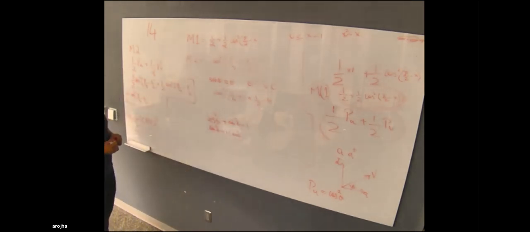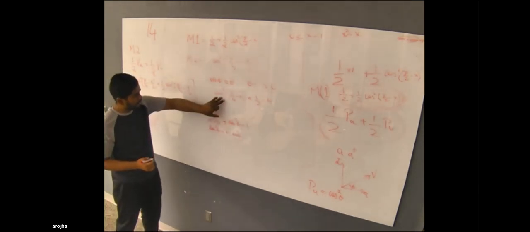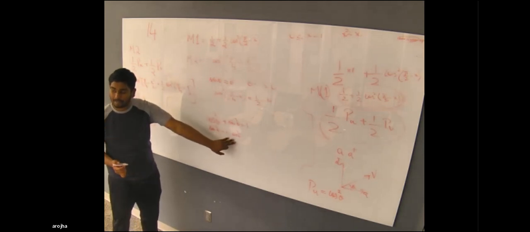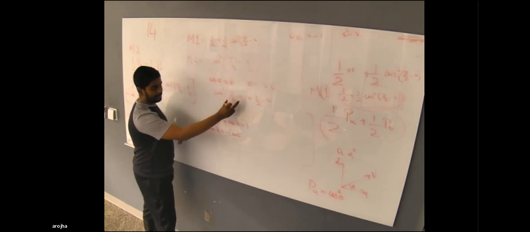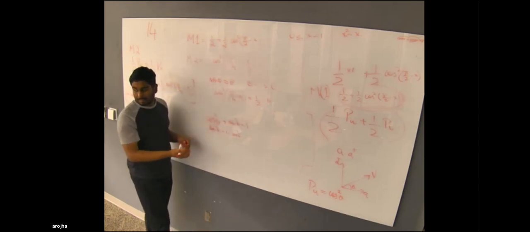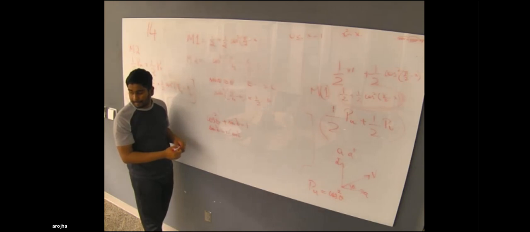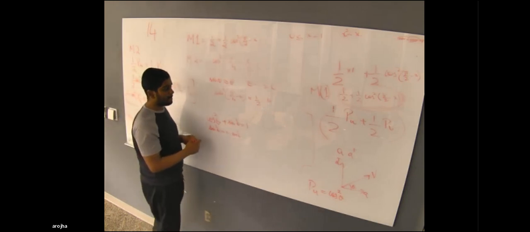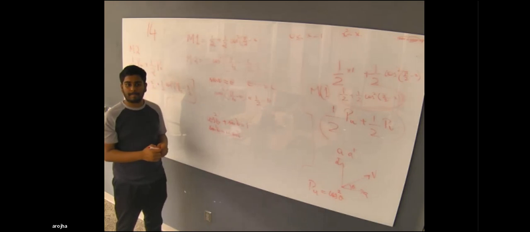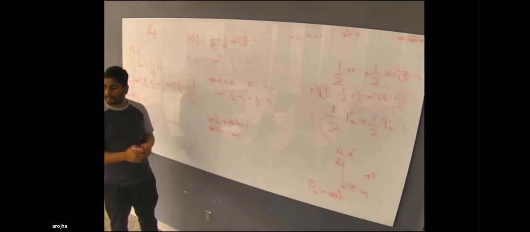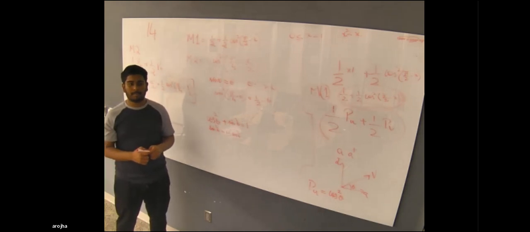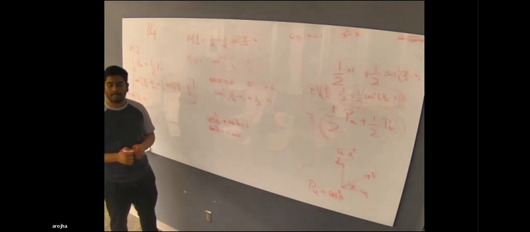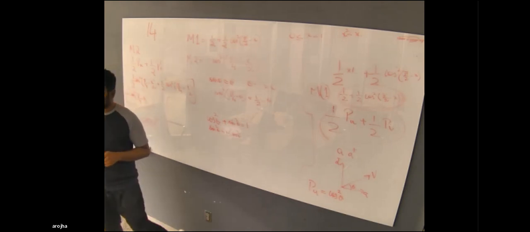I'm going to replace this sine square with 1 minus cosine square, and treat this entire thing as theta or x. So it becomes 1 minus cosine squared of pi over 4 minus theta, which tends to 1/2 minus theta.